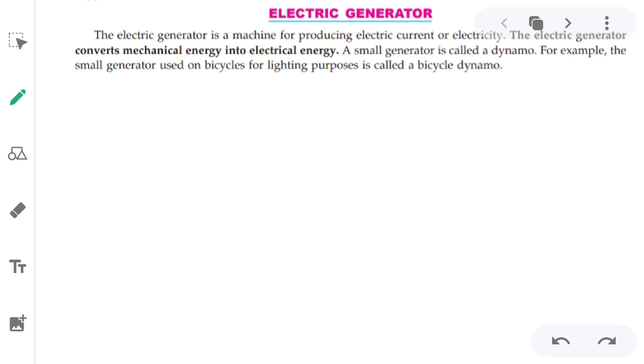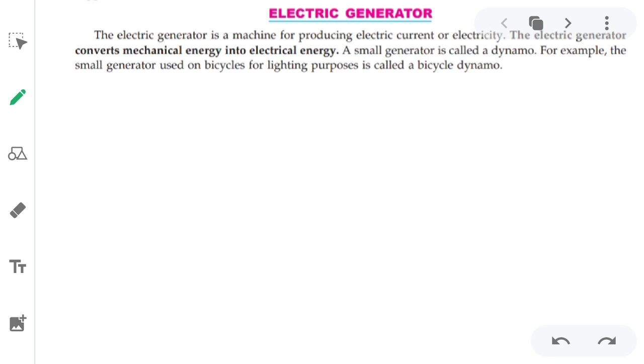The principle of an electric generator is: when a straight conductor is moved in a magnetic field, then current is induced in the conductor. This is the principle that we have already studied earlier, that if we move a conductor in a magnetic field, then current will be induced in that conductor, meaning current will start flowing in that conductor.